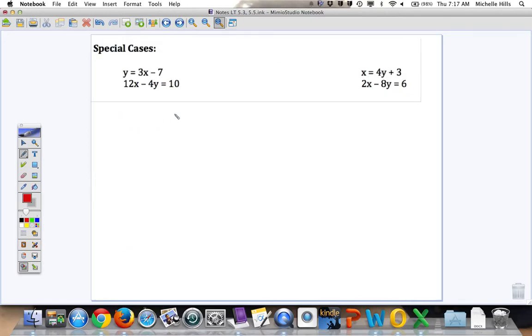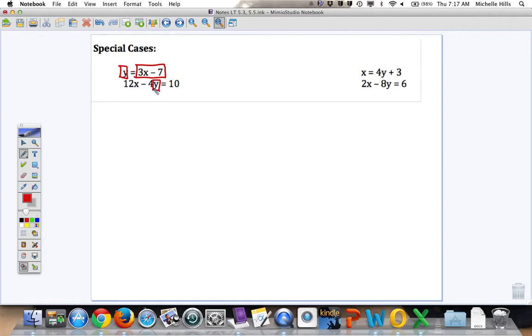We had some special cases where when we graphed the lines, it was either the same line or it was parallel lines. So we didn't end up with an answer that was an ordered pair. We had either no solution or infinitely many solutions. This is what's going to happen on these kinds of problems when you see that. y has a value of 3x minus 7.